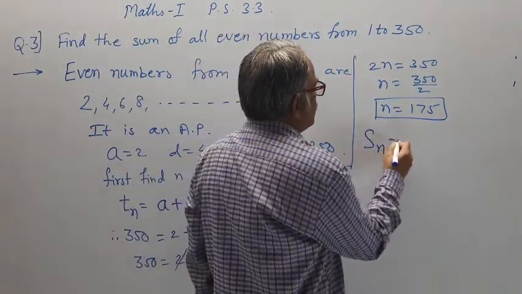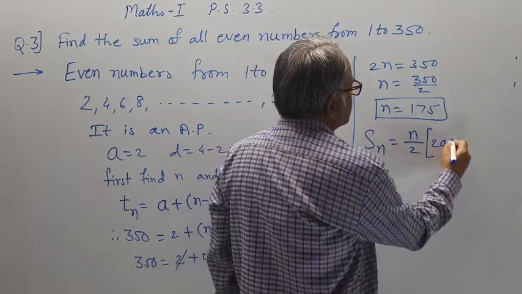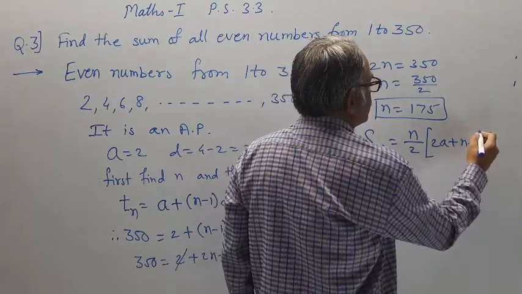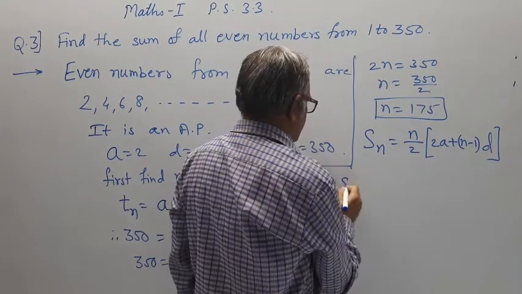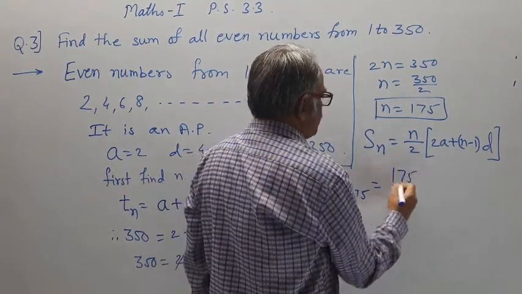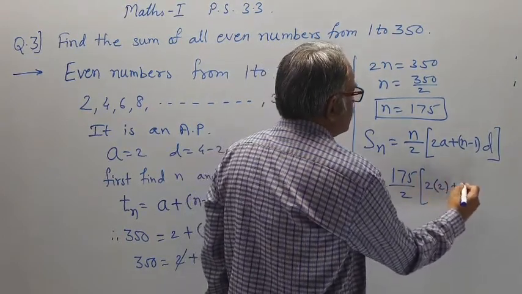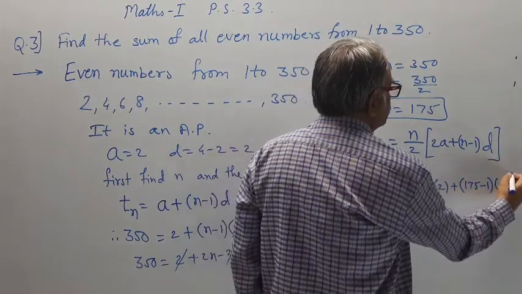Sn is equal to n by 2 bracket 2a plus n minus 1 into d. Therefore, S175 is equal to 175 upon 2 bracket 2 into 2 plus 175 minus 1 into 2.